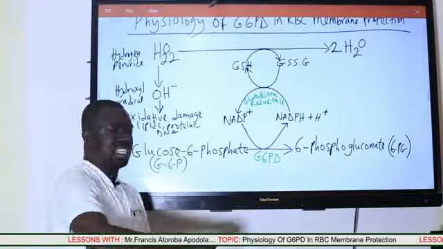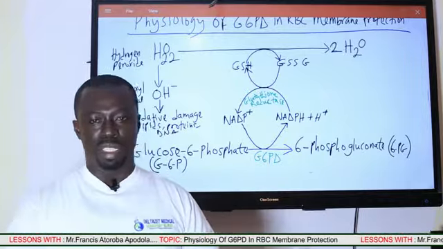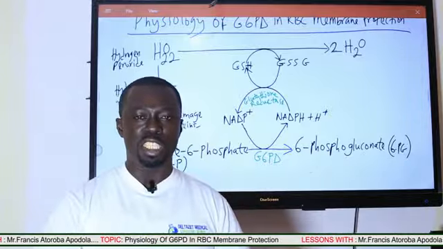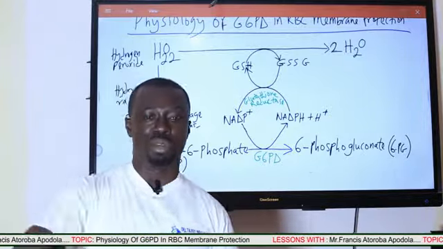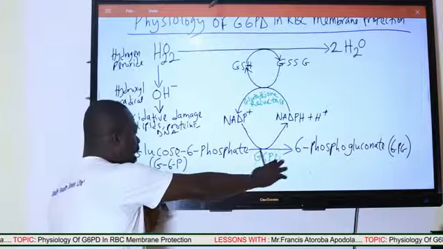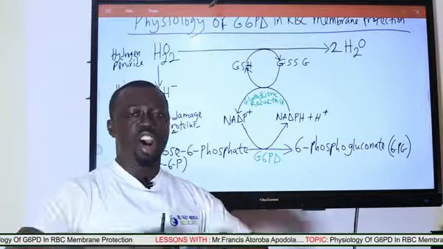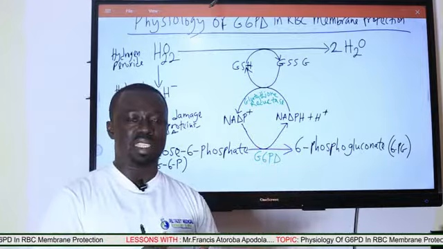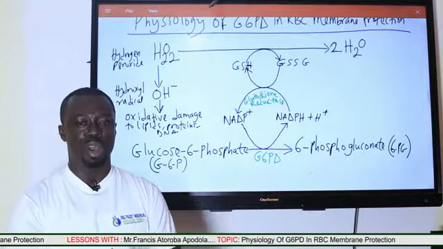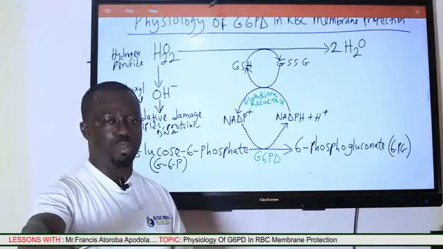Now, in the nomenclature of enzymes, the enzymes are named with respect to the type of reaction they catalyze and the substrate they are acting on. Since this chemical reaction is a dehydrogenation reaction, all enzymes that catalyze dehydrogenation reactions are collectively referred to as dehydrogenases, named after the type of reaction.